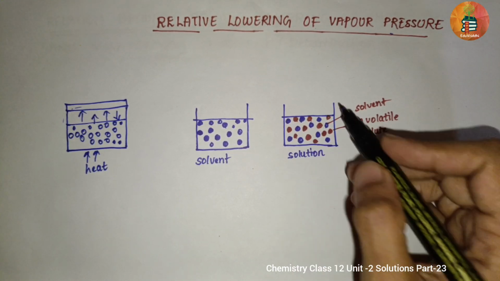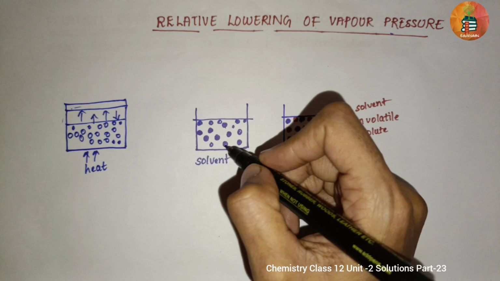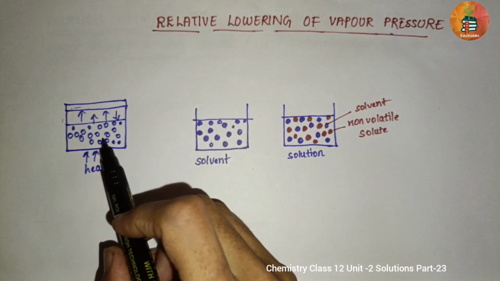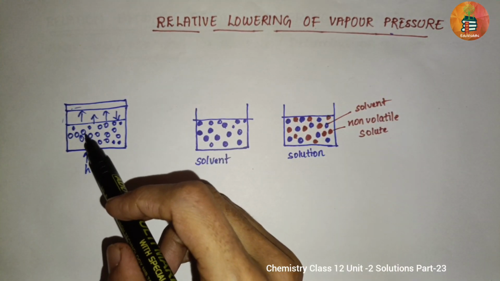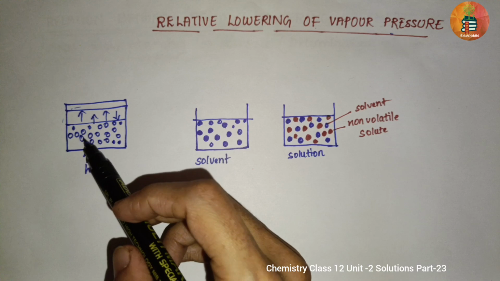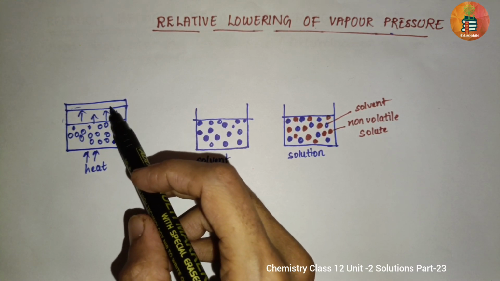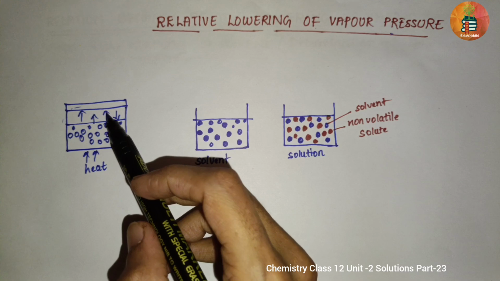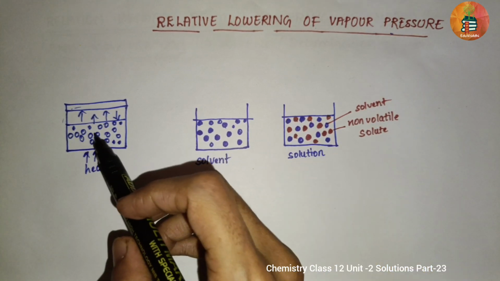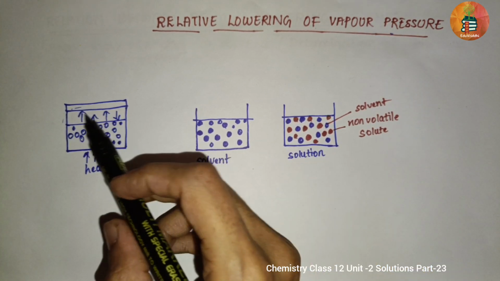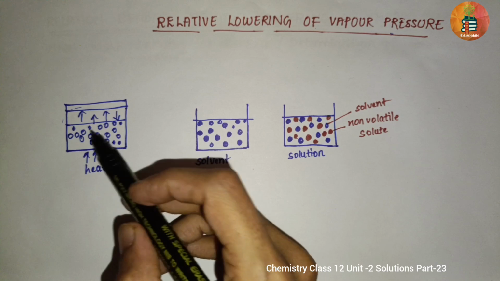So we have a solution here. In case of solvent, as I said earlier, when you heat this, the liquid solvent molecules will change into vapor state and hit the lid of the container to create some pressure. This will take place very easily because all the molecules here are solvent molecules.